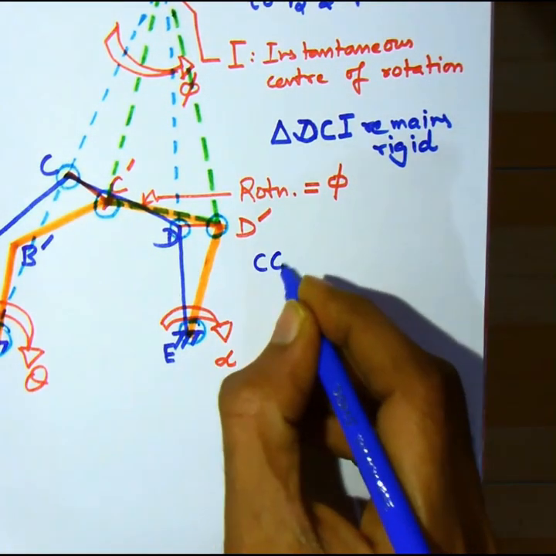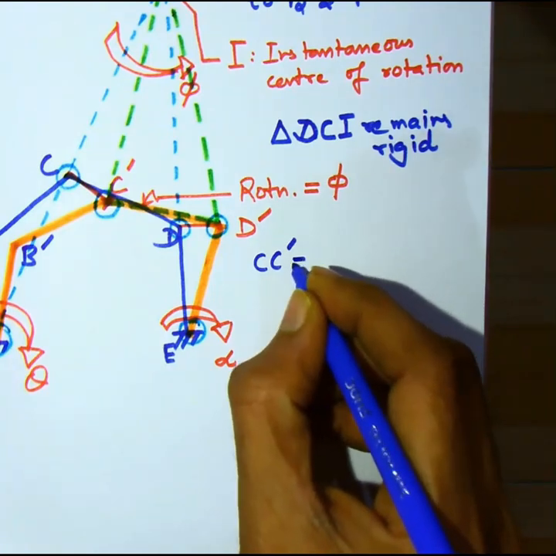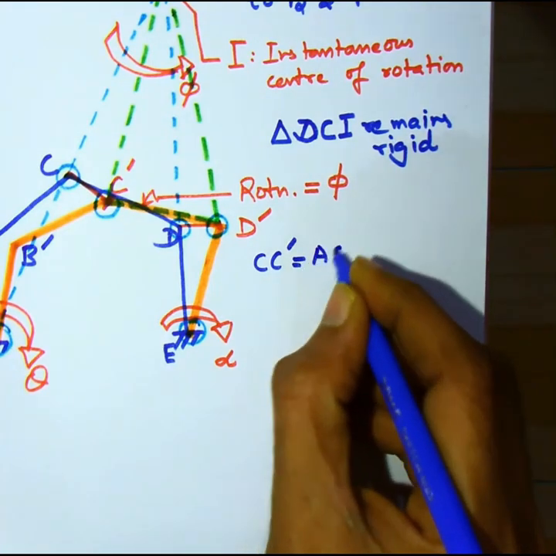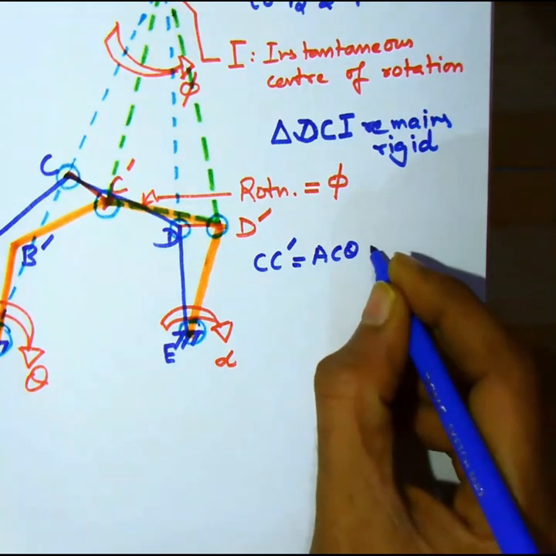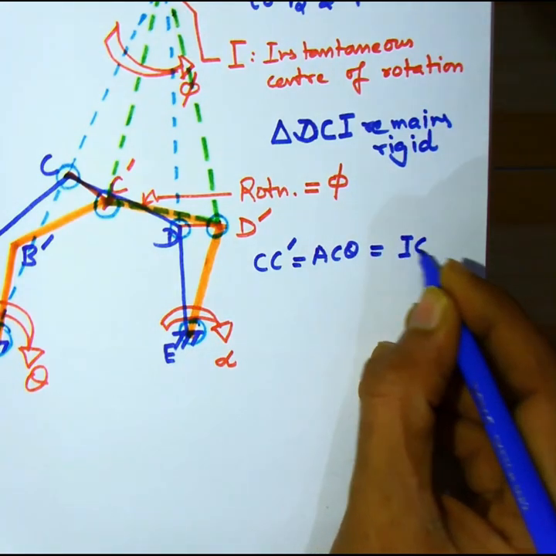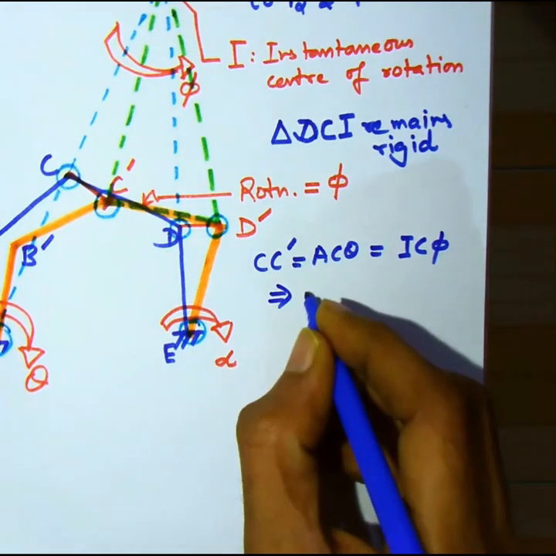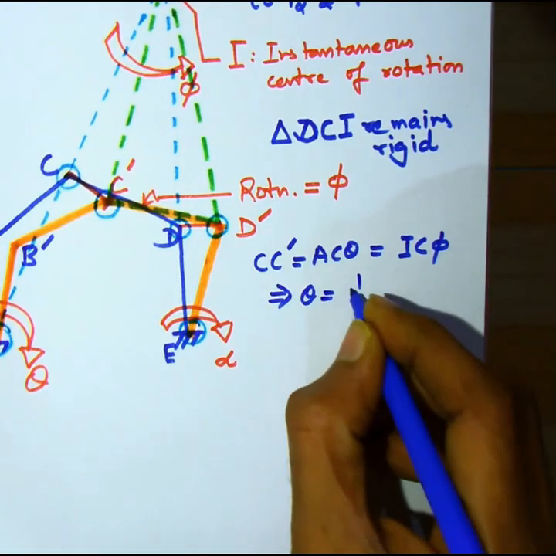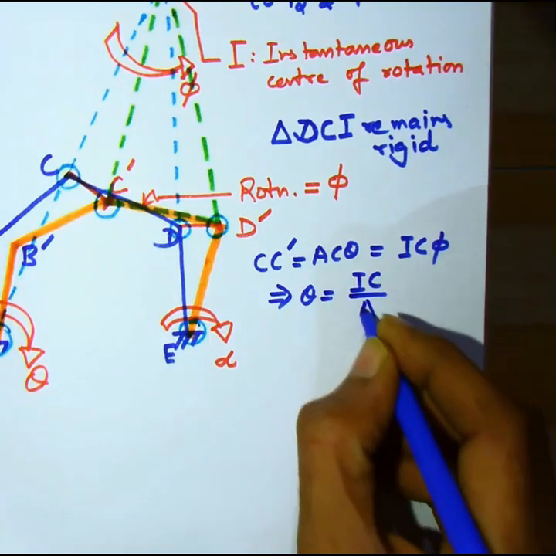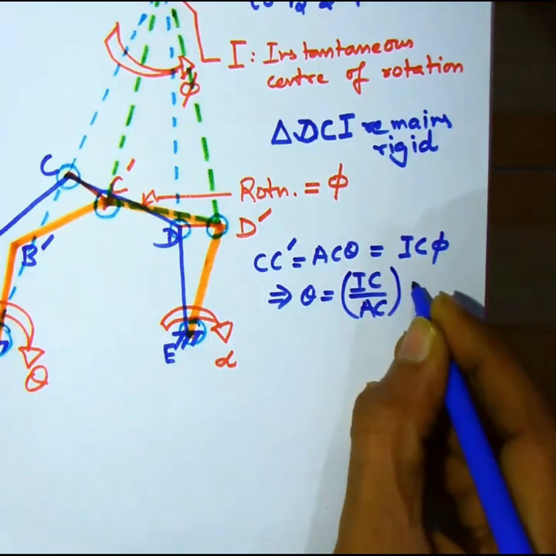Now CC dash from trigonometry can be written as equal to AC into theta, and this is also equal to IC into phi. Hence we get a relationship between theta and phi as theta equal to IC by AC phi.